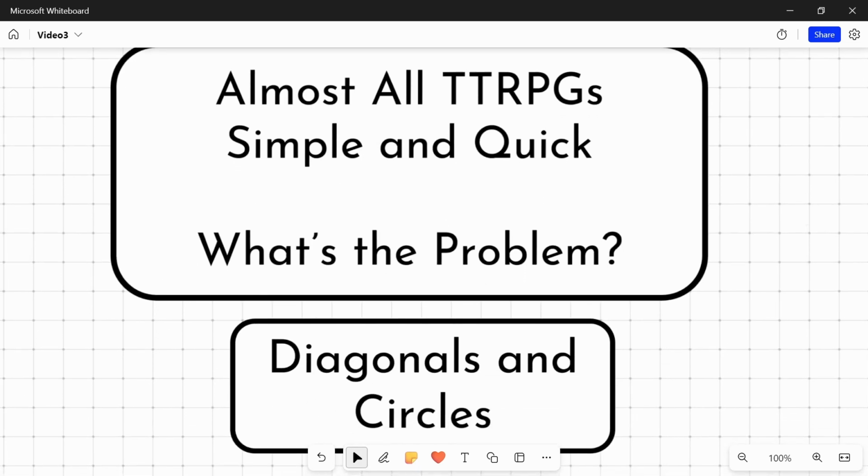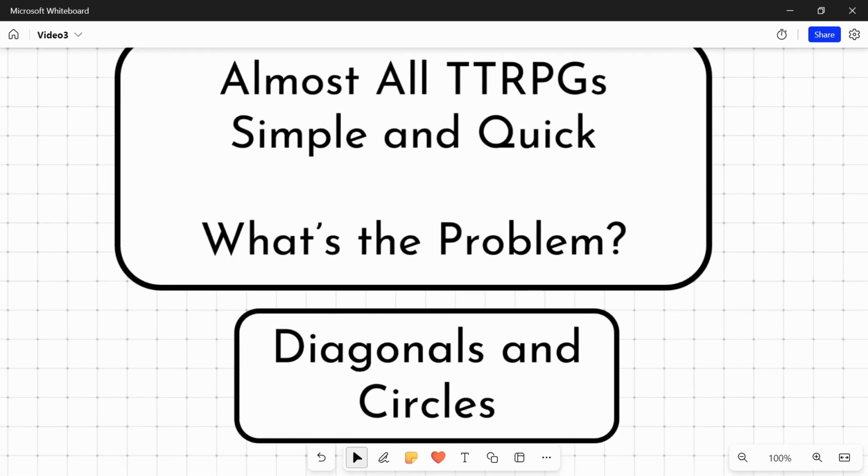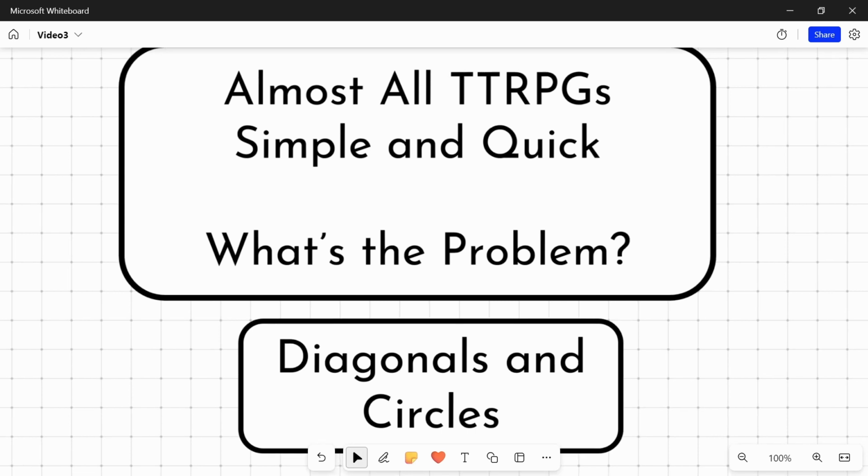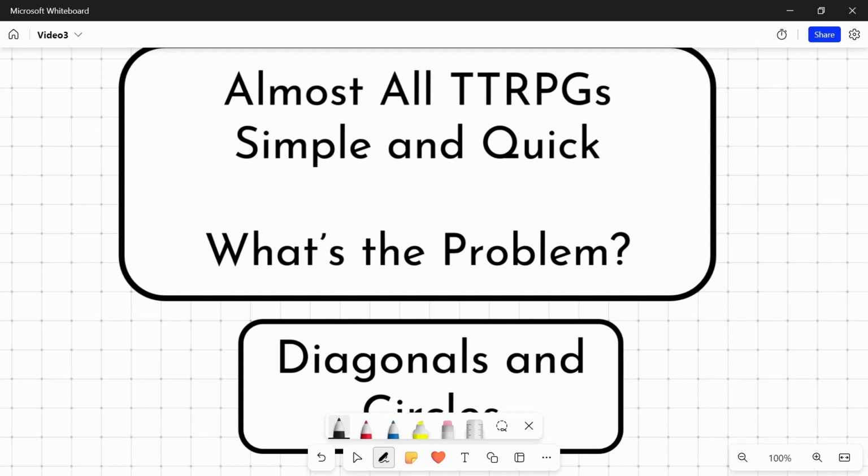Essentially it comes down to diagonals and circles. I don't know if this is something that bothers you, but it tends to bother me about gridded combat: when I cast a big area of effect spell, like a fireball in D&D, or something else in another TTRPG system, because of the way they handle diagonals, your explosion, say it's a 10-foot radius, you've got your starting square here, you go out 5, 10, and you end up with an explosion that looks like this.